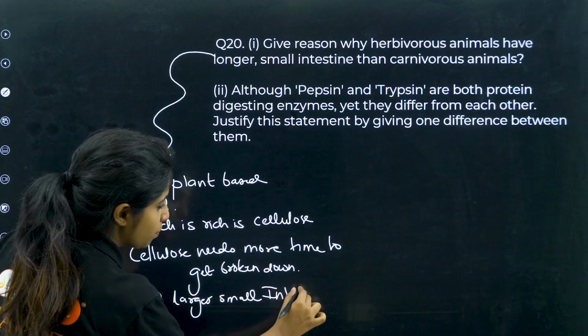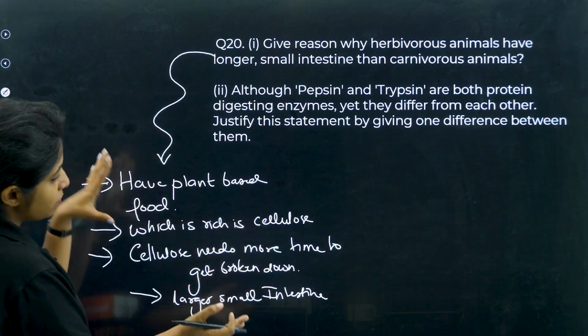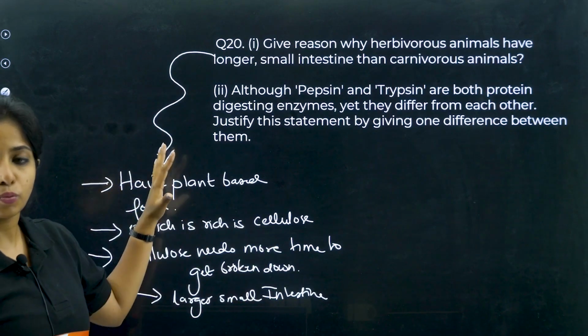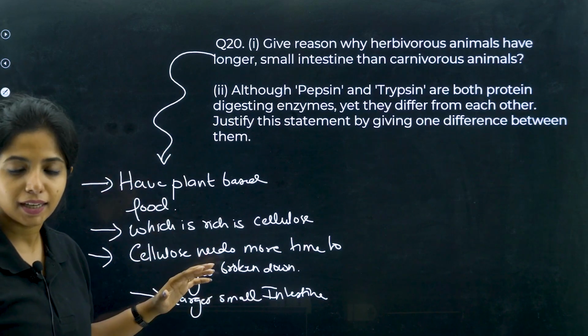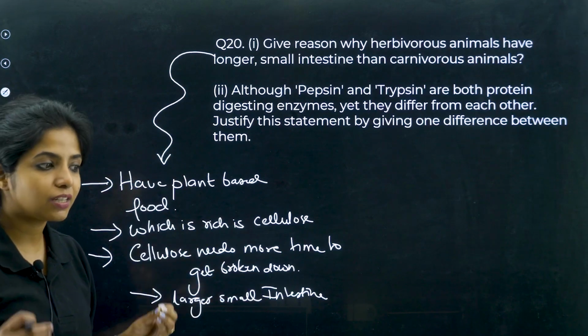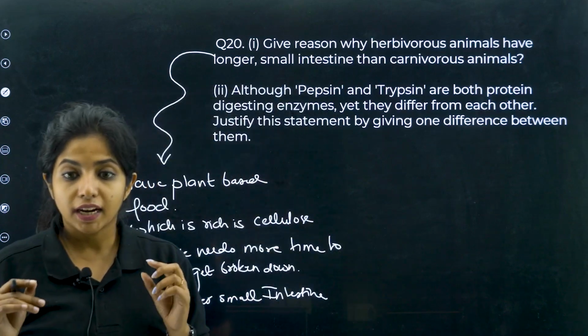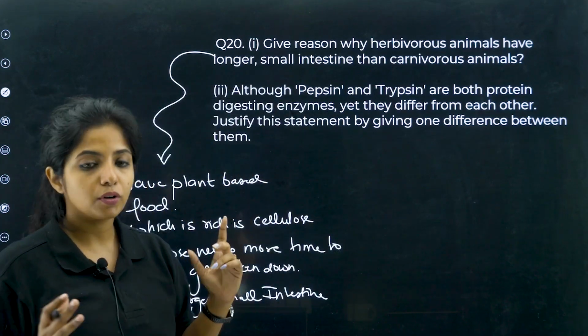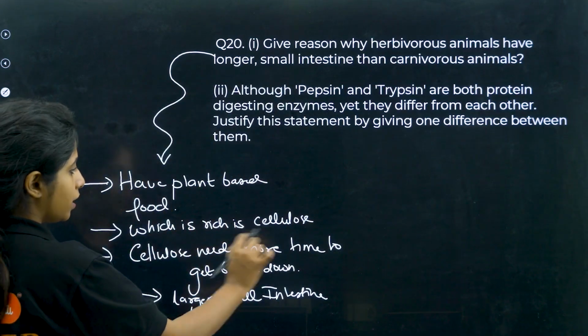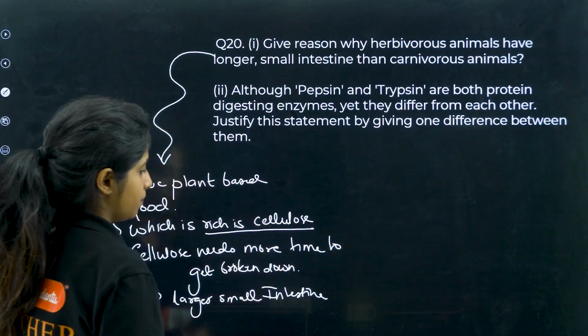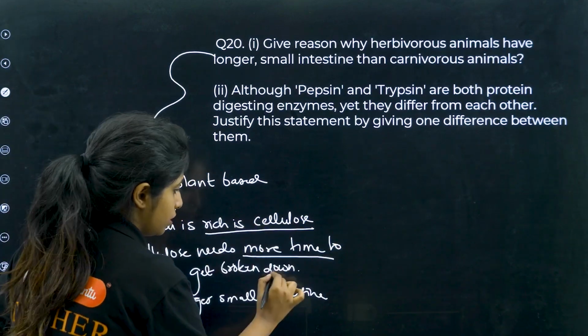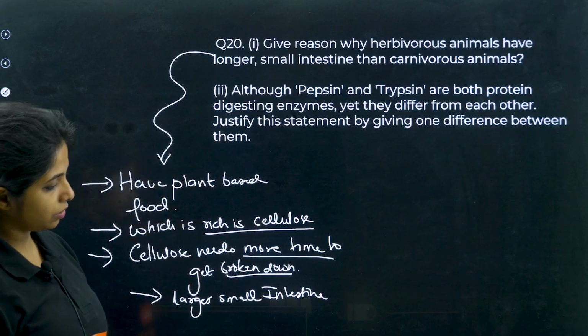So I broke the answer into points, and you can merge them and make your own sentence, but I just wanted you to explain things like this. Explain your answers like you're explaining to a baby. That's how you should be telling the answers, and I hope you are highlighting the important things. Do not use a highlighter, just underline. Rich in cellulose, more time to break down, things like that.